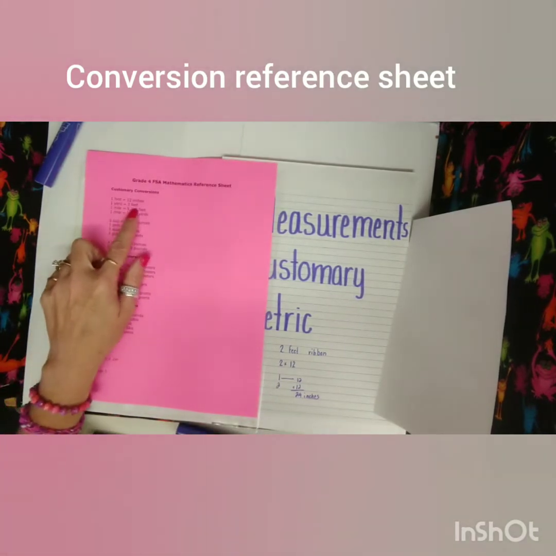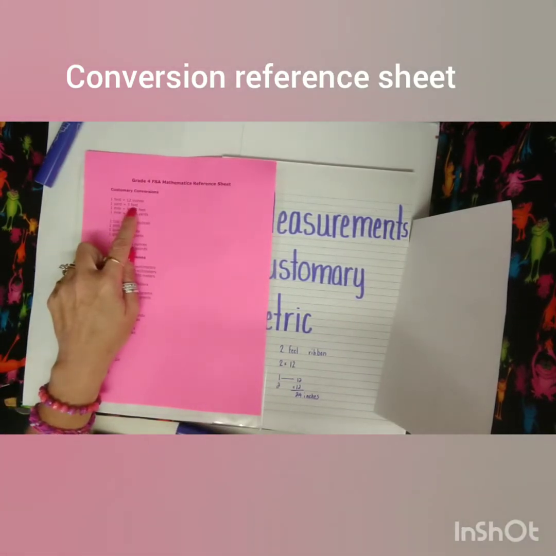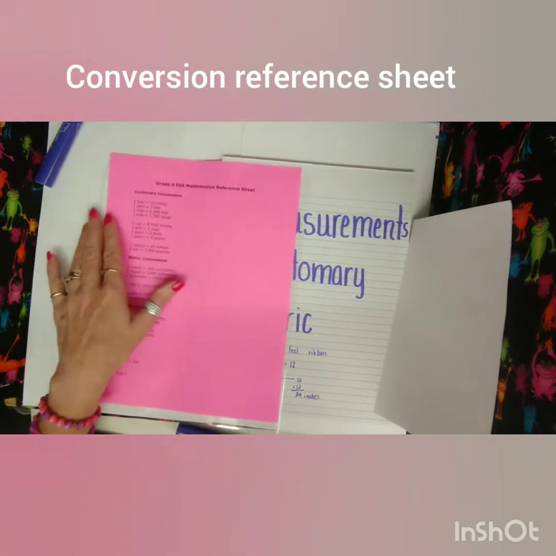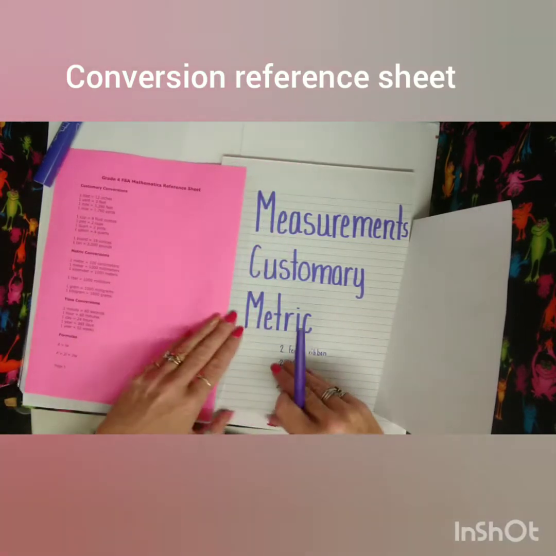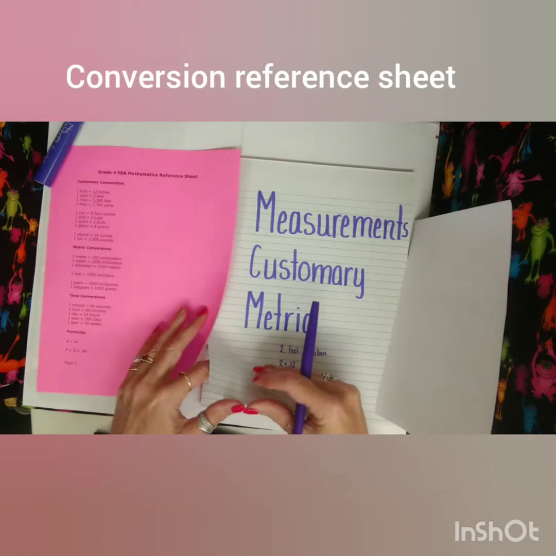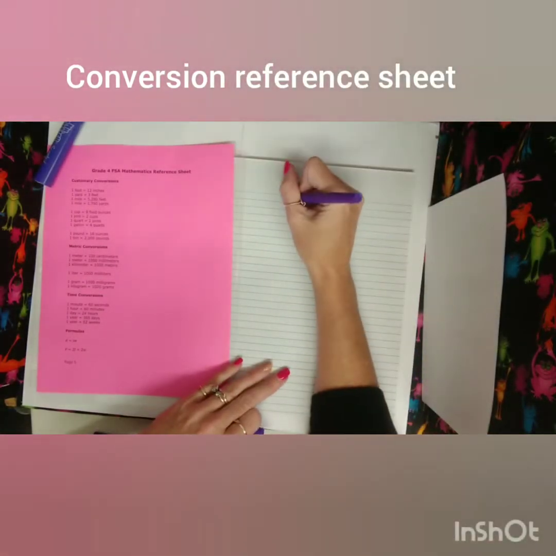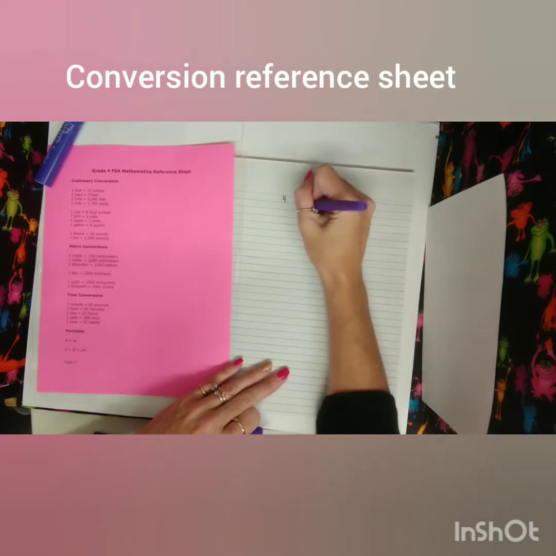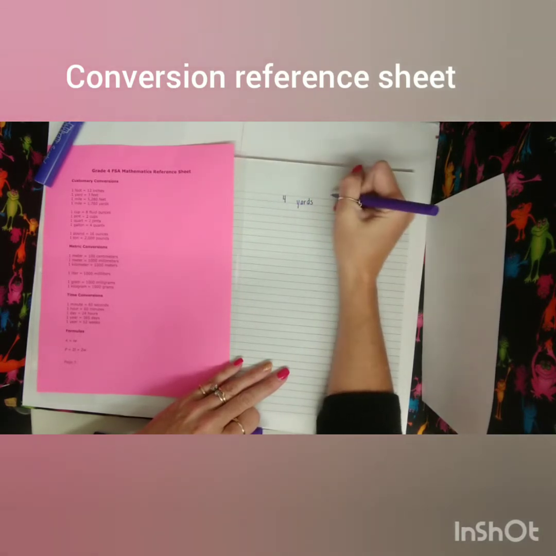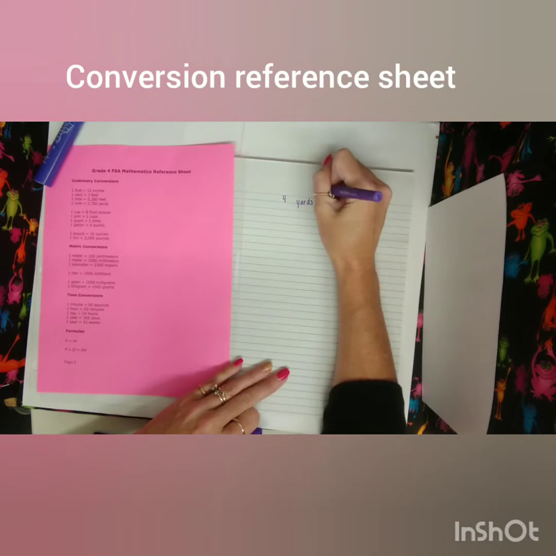Here we have yards to feet. 1 yard is equal to 3 feet. So if I have 4 yards, and I need to figure out how many feet. So the question is, how many feet is 4 yards?